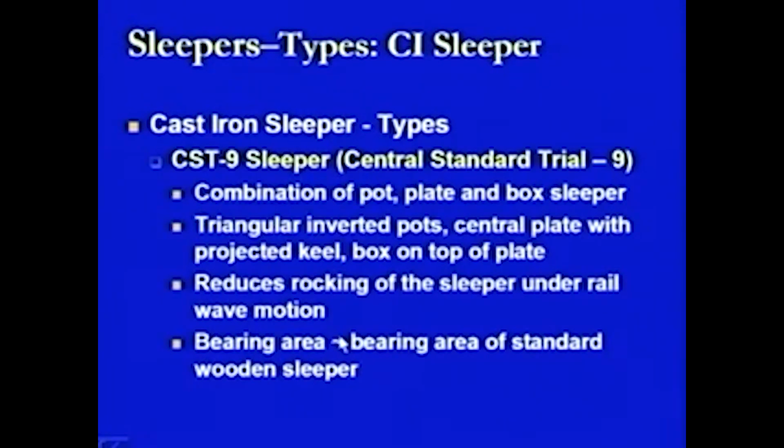So, another type of CI sleeper is the CST9 sleeper. CST9 sleeper is the name which comes from Central Standard Trial Sleeper. This name is coming from the different number of tests which have been carried out in the laboratories of the railways, where they have tried different types of sections or different types of designs related to cast iron sleepers.